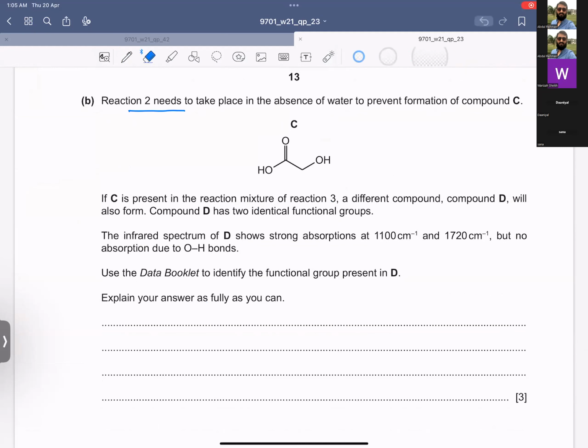Reaction 2 needs to take place in the absence of water to prevent formation of compound C. Okay.